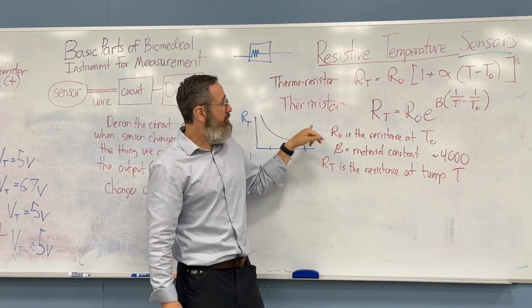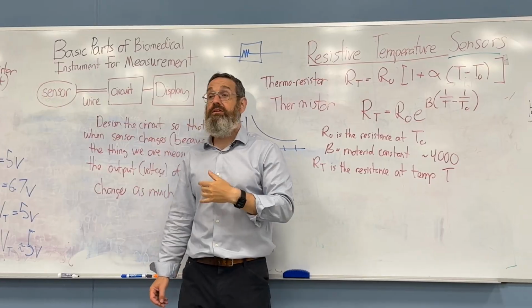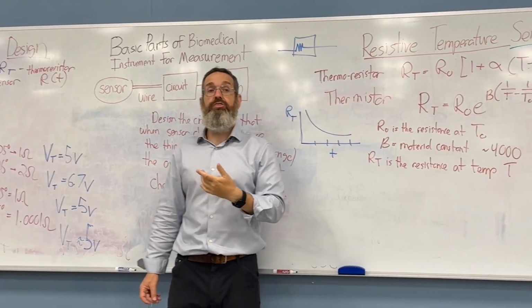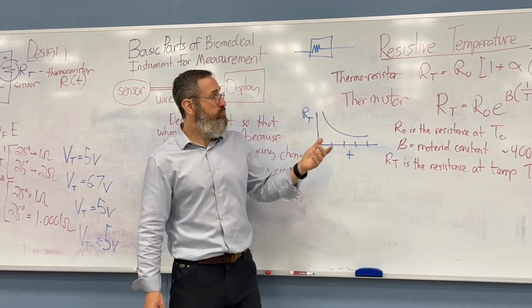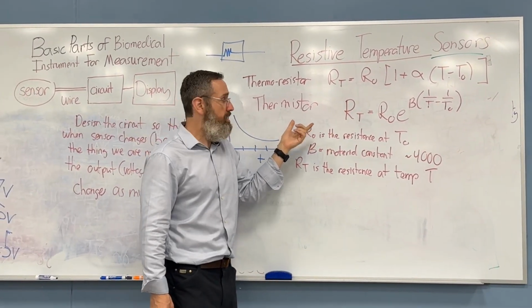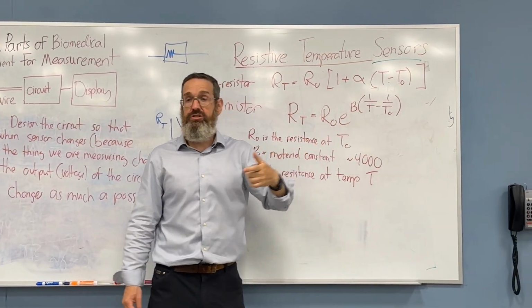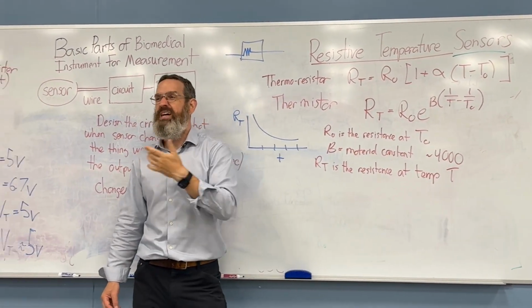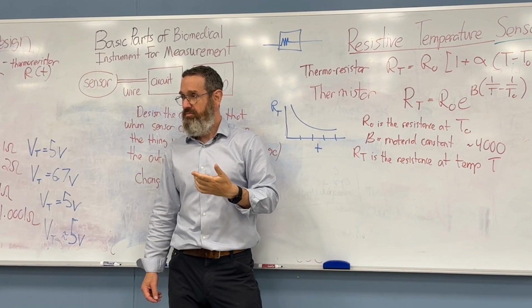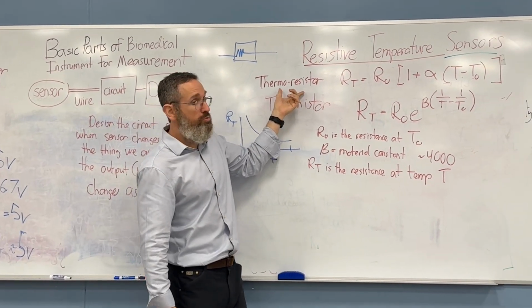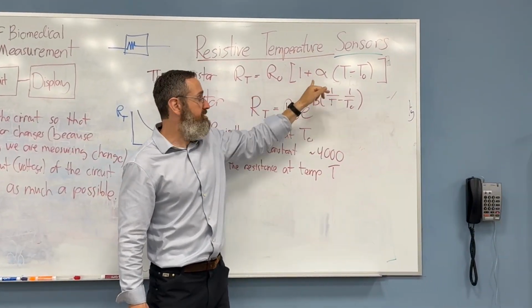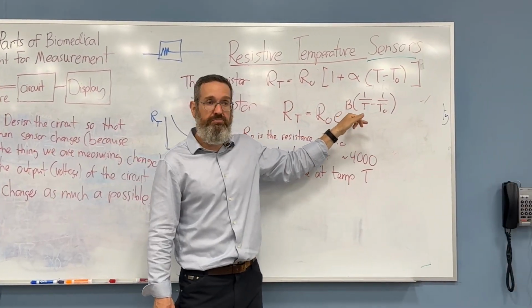It turns out that we will be largely using thermistors. The reason we will be using thermistors is they are more sensitive over the temperature ranges that we are interested in, which is basically physiological. There are thermoresistors, and they have different constants, and there are thermistors, and they also have different constants.